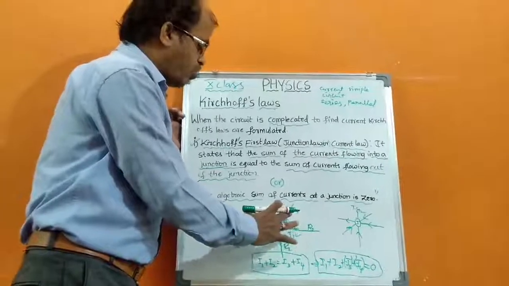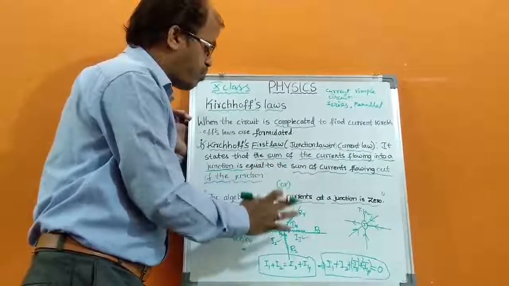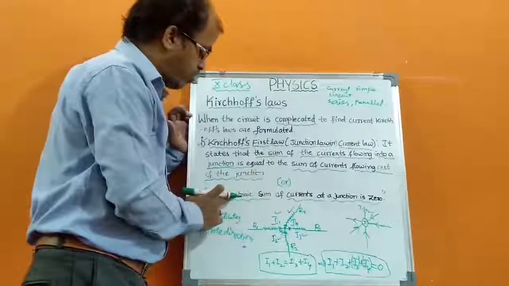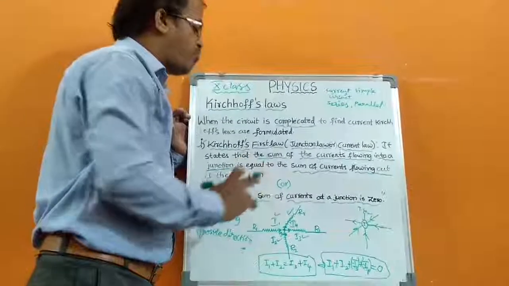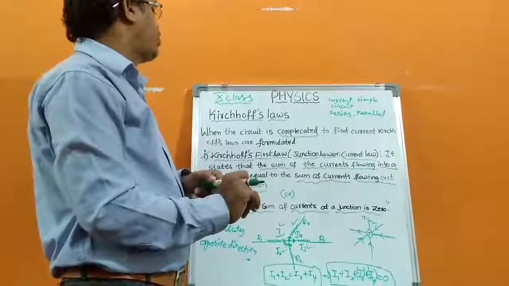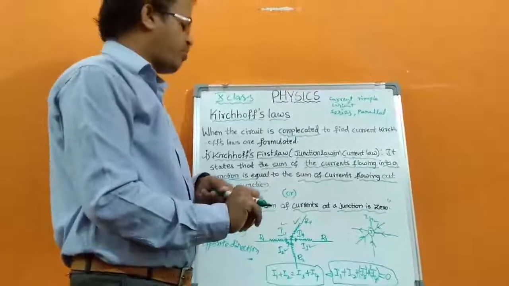You have to draw the circuit and the statement for 2 marks. For 1 mark, you have to write only that the algebraic sum of currents at a junction is 0. This is Kirchhoff's first law.